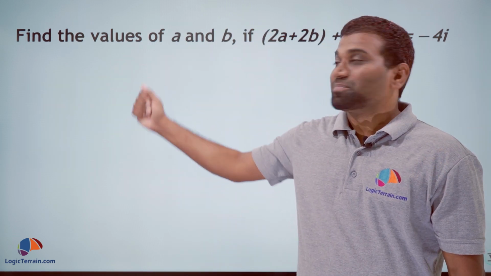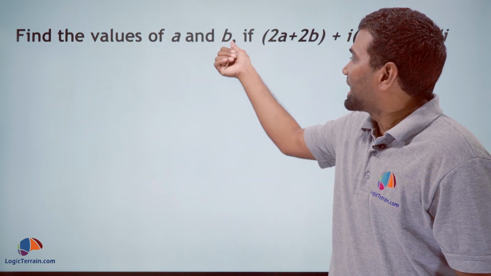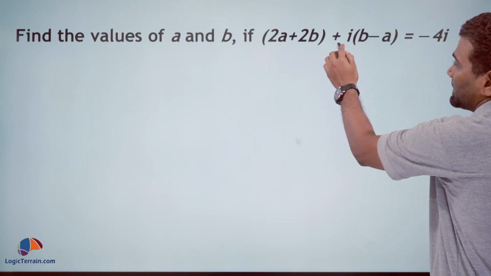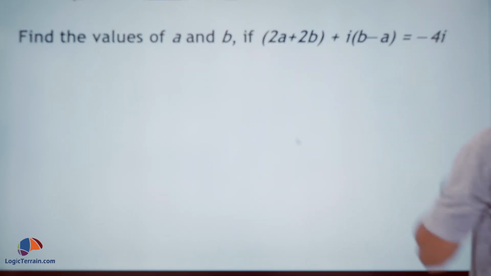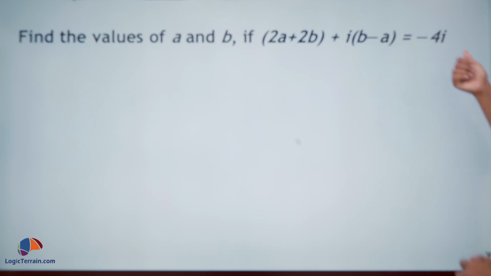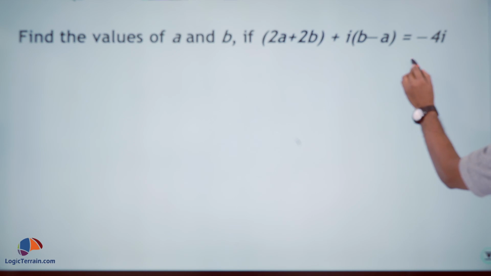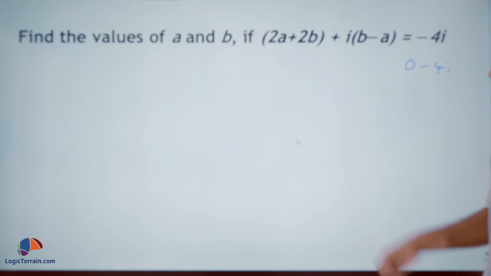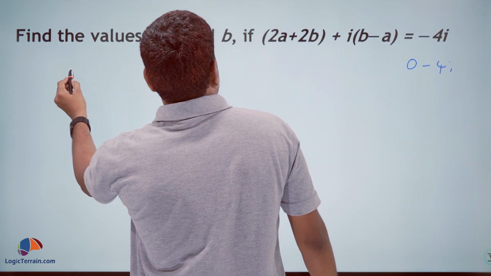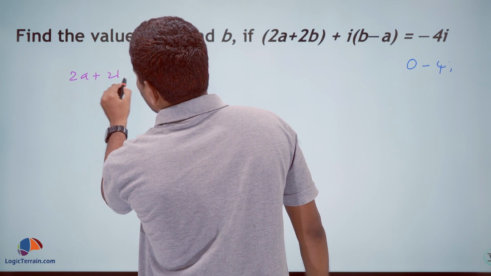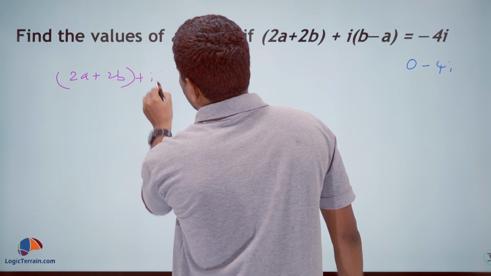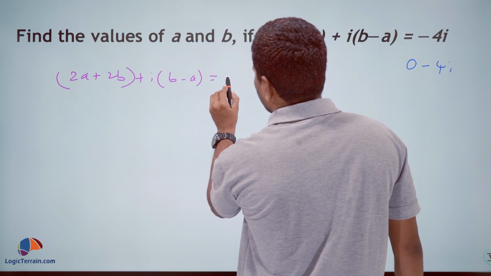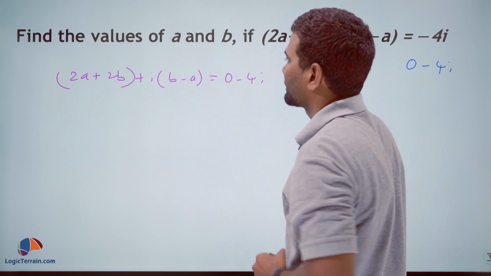Here is another example. Find the values of a and b if 2a + 2b + i(b - a) = -4i. Here you can see the right side is purely imaginary, so this can be rewritten as 0 - 4i. So these two complex numbers are equal, that is, 2a + 2b + i(b - a) = 0 - 4i.